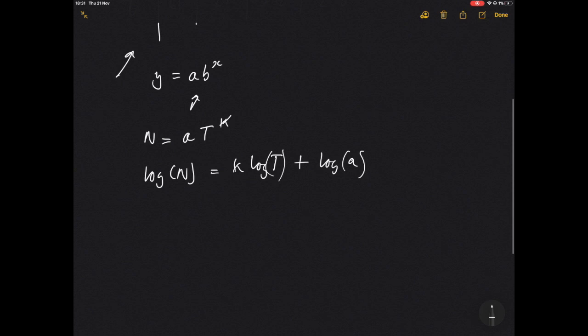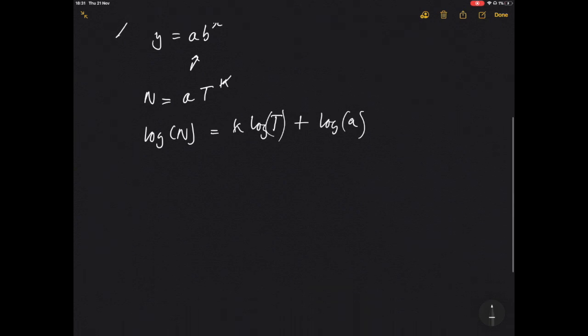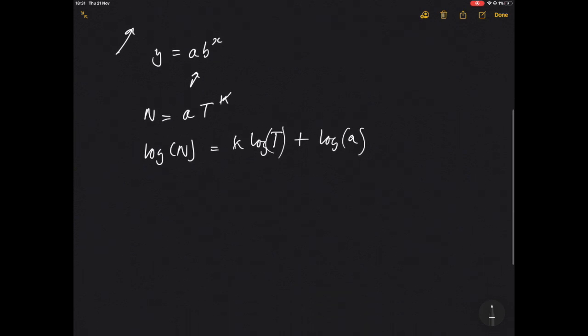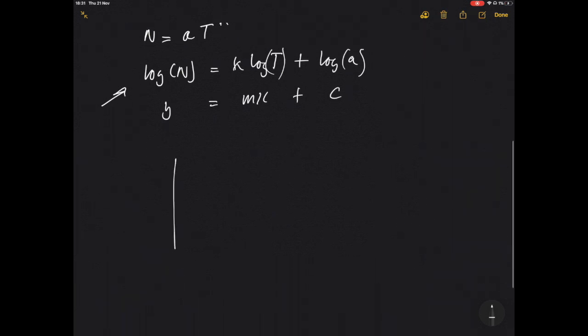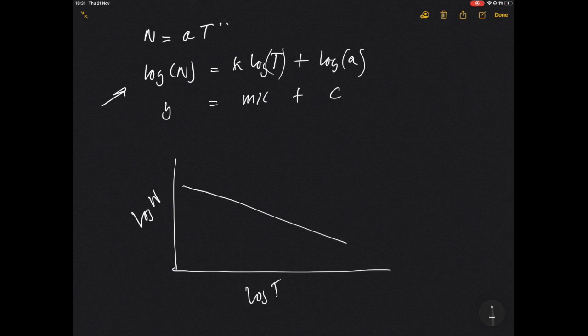Typically, computers prefer log to the base 10, just how they work. So we now have this relationship, which actually is the same as saying y equals mx plus c. So if we were to plot log n and log t on these two axes, we would actually have a straight line, which is pretty handy.